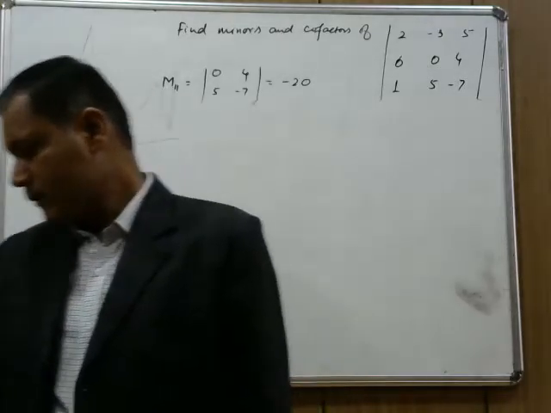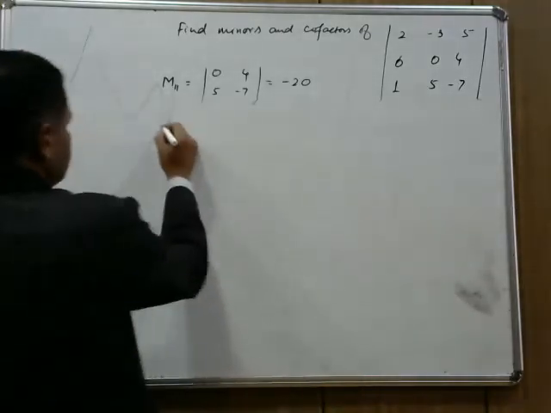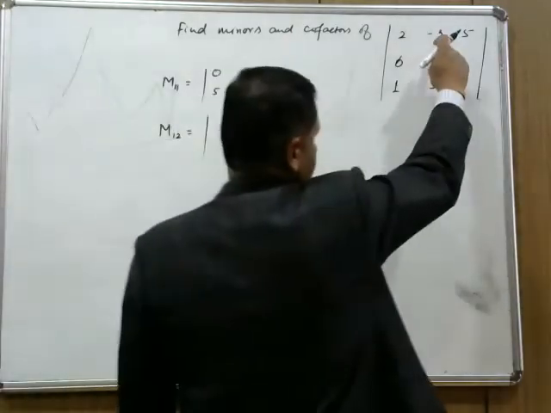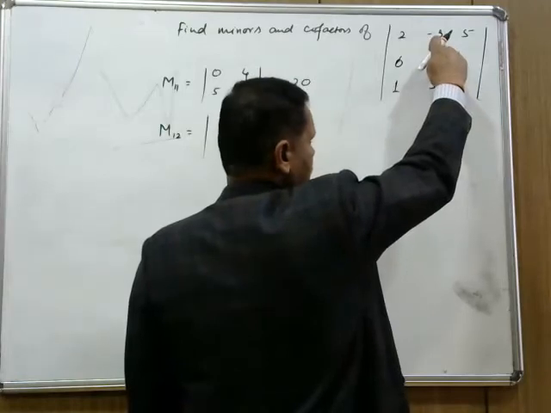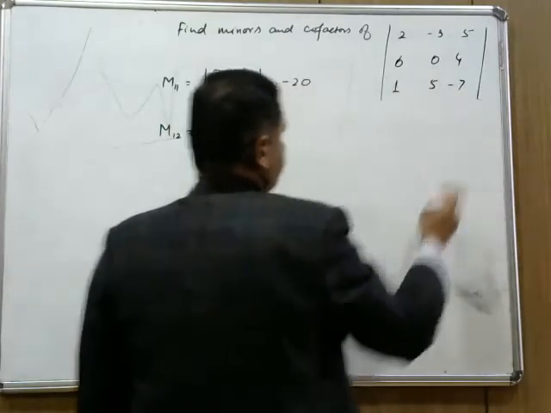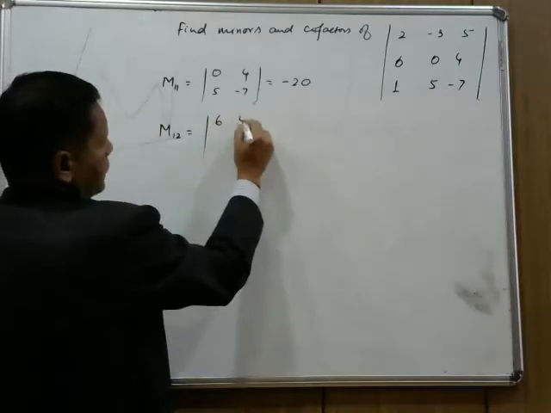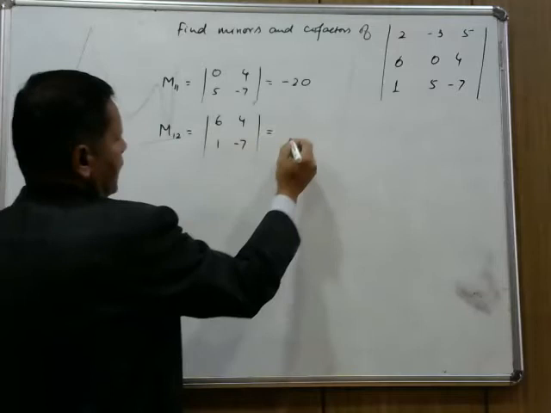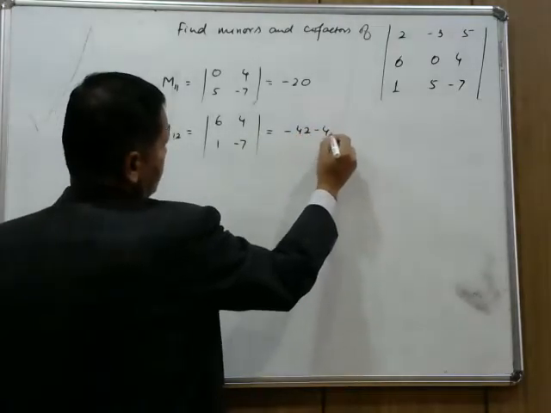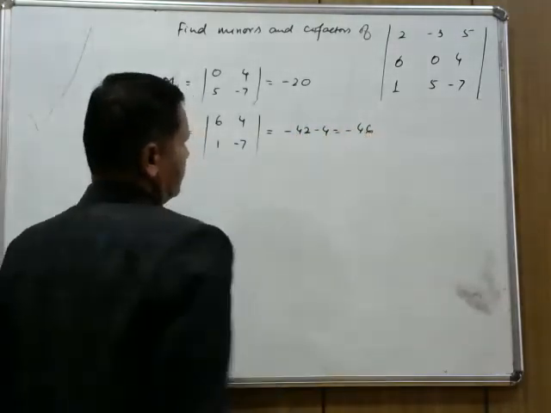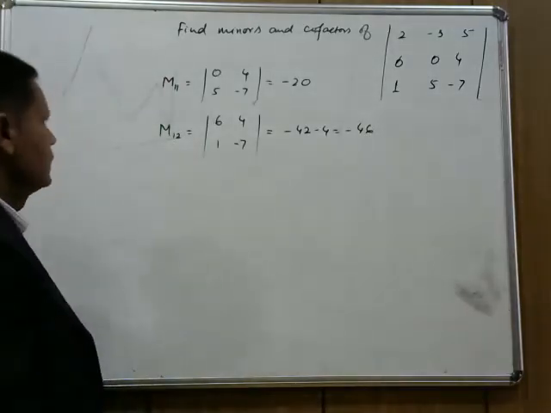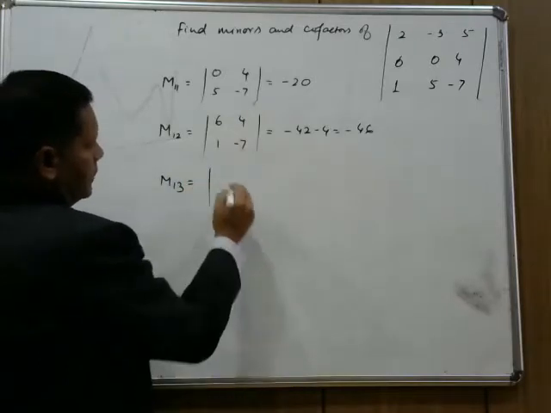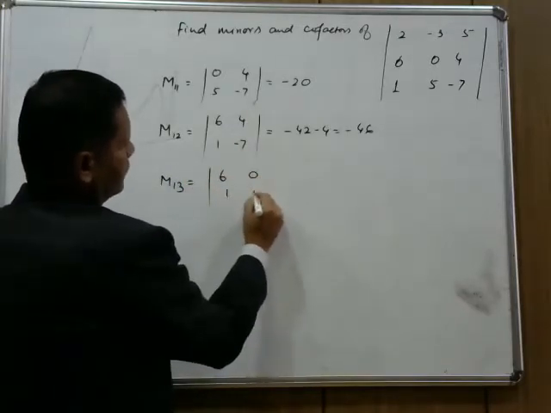Now M12. This address is here. So now this row, this column will be left out. 6, 4, 1, minus 7. Its value will be minus 42 minus 4, and that is equal to minus 46. Right. Now M13, 6, 0, 1, 5.